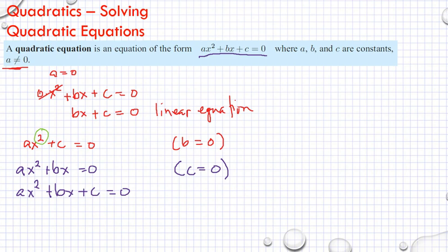Okay. When we're solving a quadratic equation in different forms, for example, the first one, ax squared plus c is equal to 0, then the only thing that we can do here is find the squares.